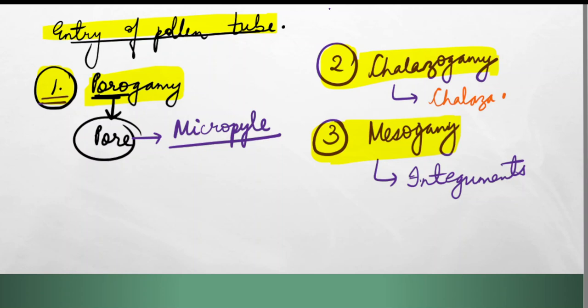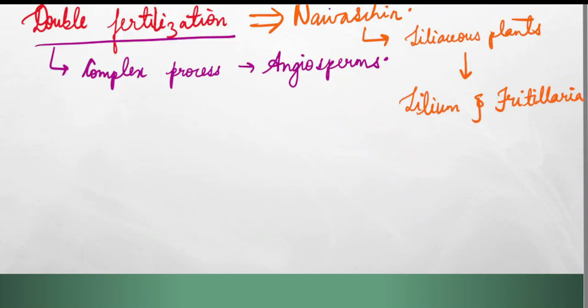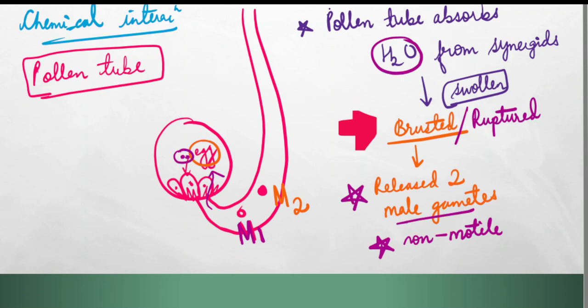Then I taught about the 3 types of pollen tube entry. Then we spoke about double fertilization in detail. I taught you one small flowchart. Then I taught how male gametes come out from the pollen tube, because the pollen tube absorbs the water from the synergids.